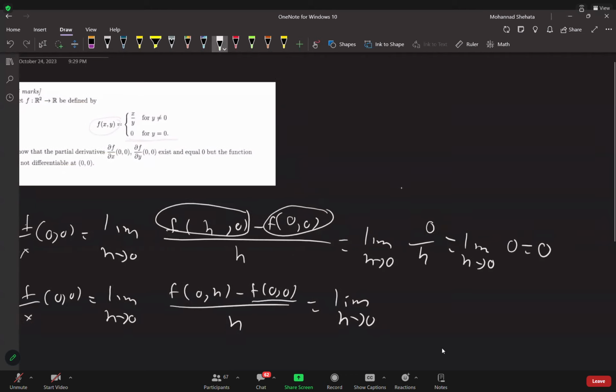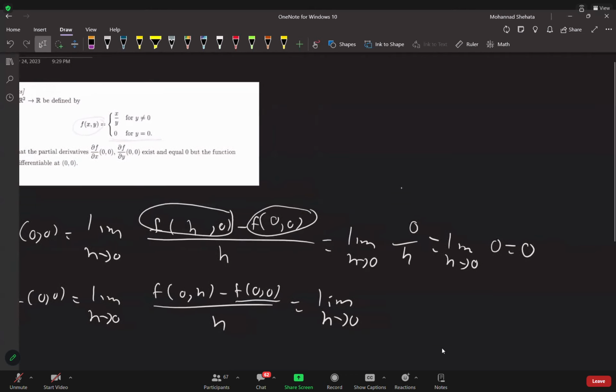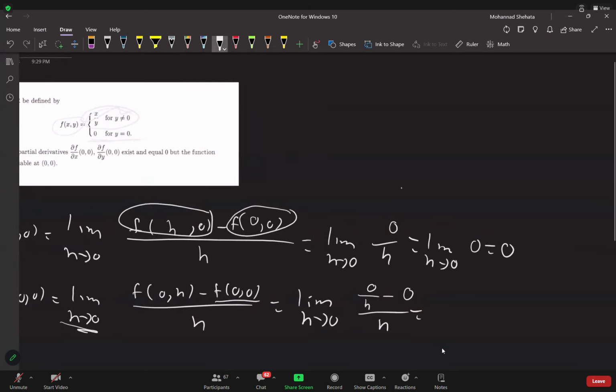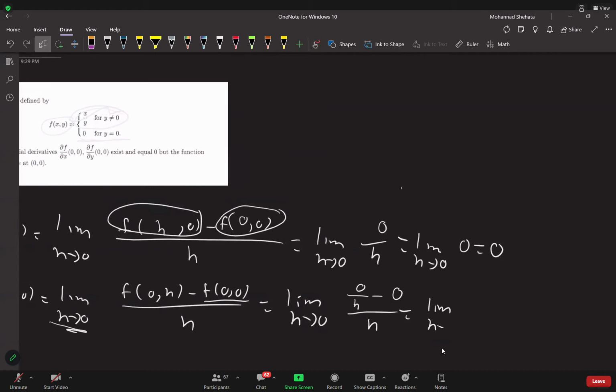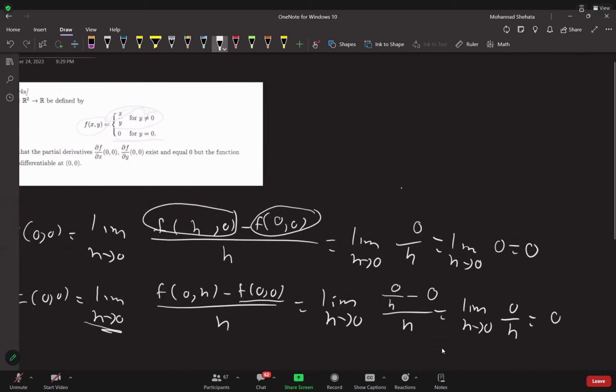So the first point would be 0 over h, because as h approaches 0, we're assuming h is non-zero. So we'll have to use this definition of the function instead, x over y. So we have 0 over h minus 0 over h, which is equal to the limit as h approaches 0 of 0 over h, or 0 again.